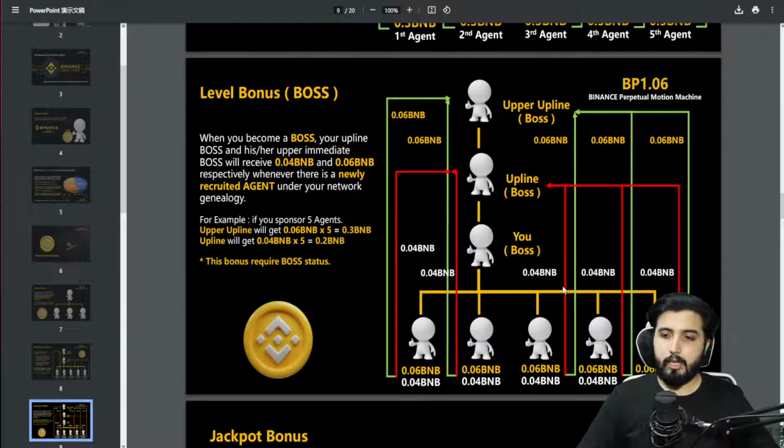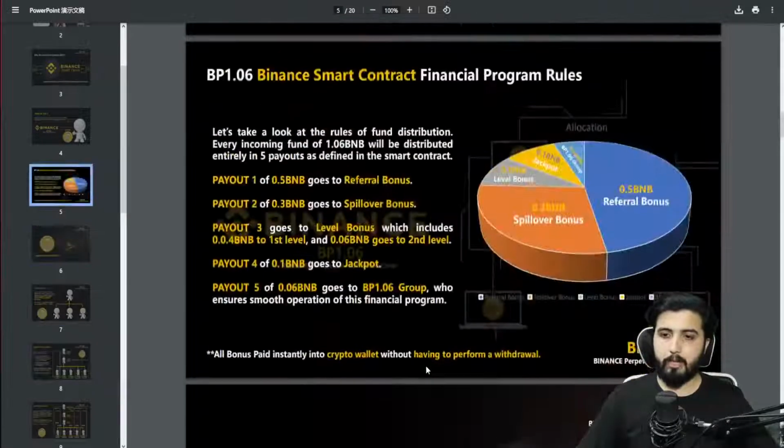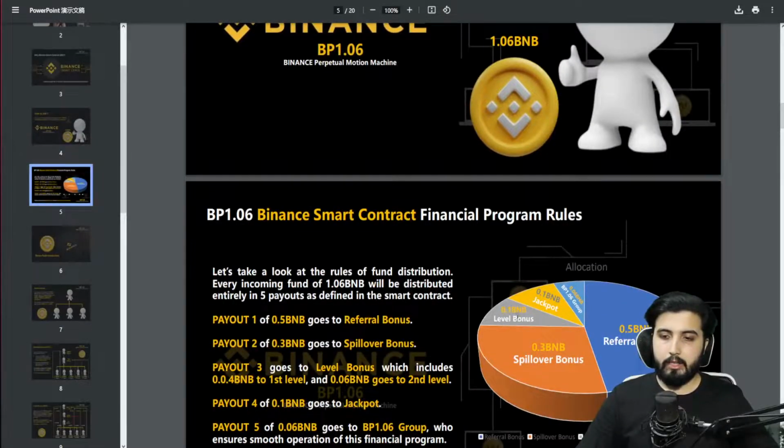If you take a look at this, this is the level bonus. If we come back to the distribution right here, the level bonus is 0.1 BNB. So whenever anyone uses a referral system and joins, 0.1 BNB is used for the level bonus.